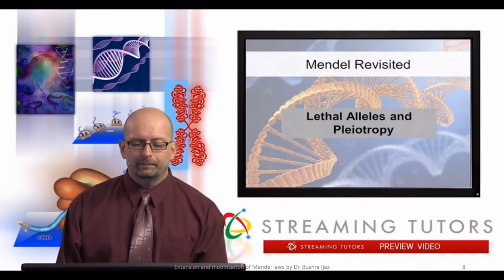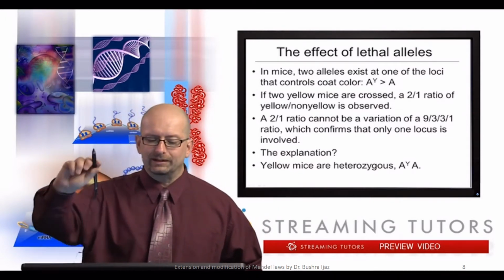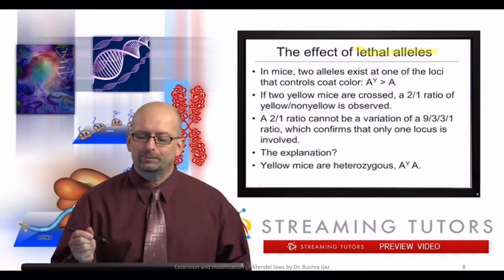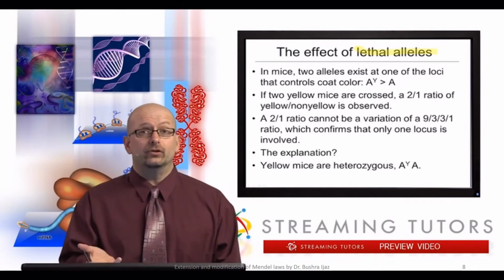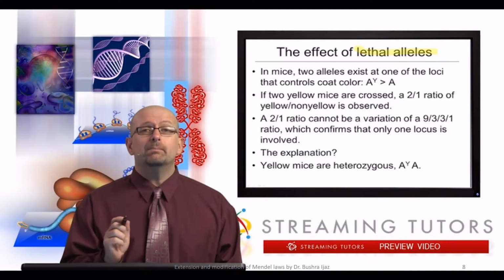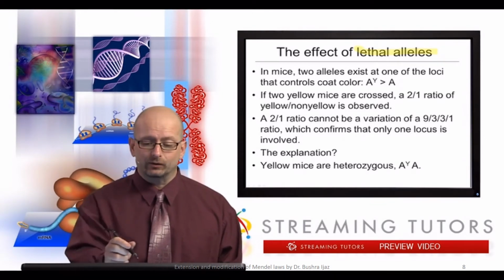It turns out that we're going to see the definition of a lethal allele, but I want to explain to you the experiment that led to the discovery of this. In mice, there are two alleles that exist at one of the loci that controls coat color.